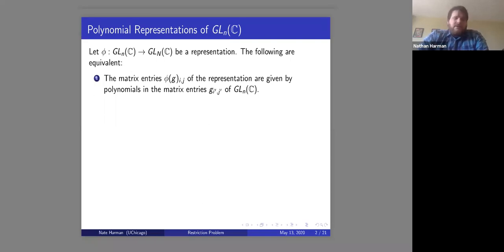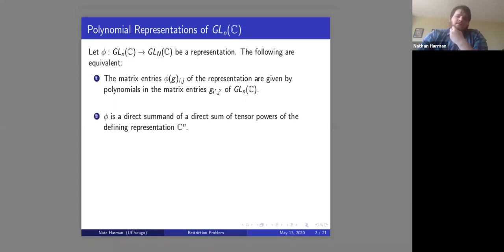So if I put in a matrix from GLN, then I get out a new matrix in some other GL capital N now, and the entries of that new matrix should be polynomials in the entries of the original matrix. So that's one way of formulating it.